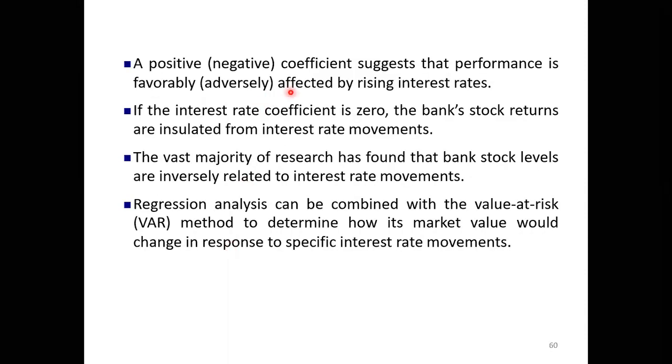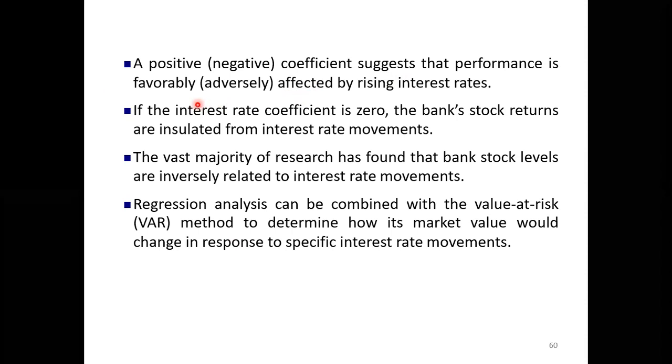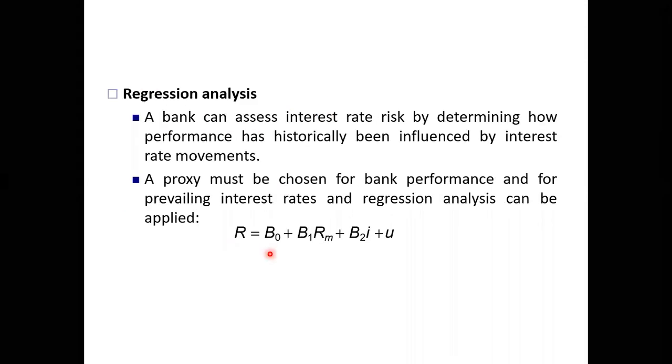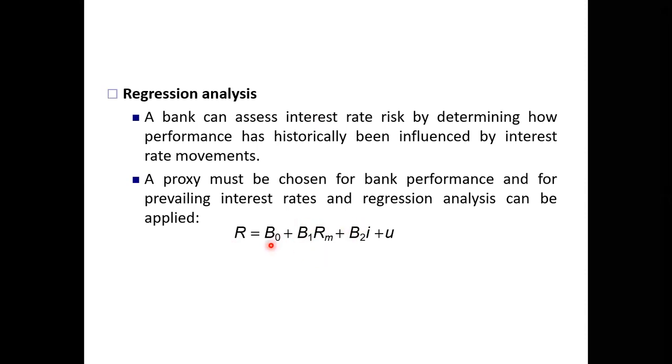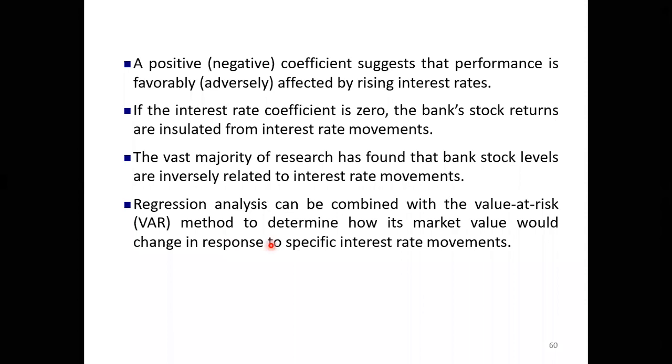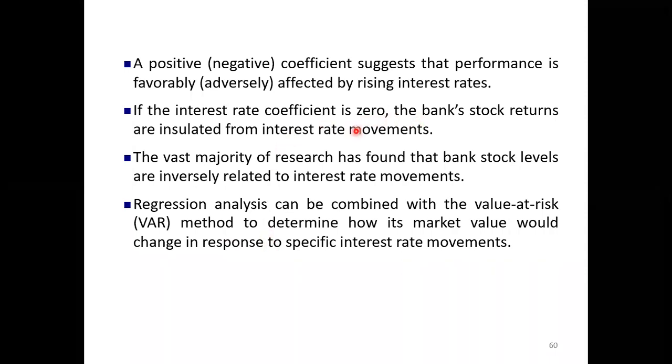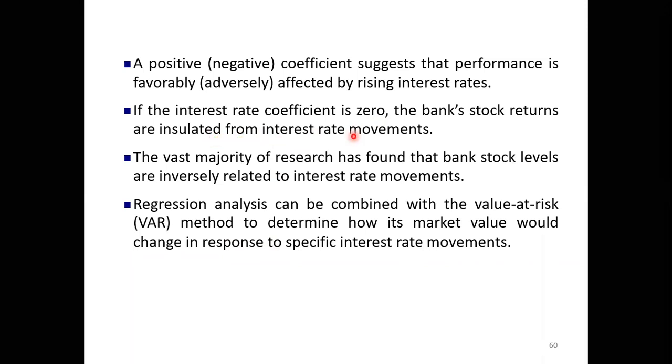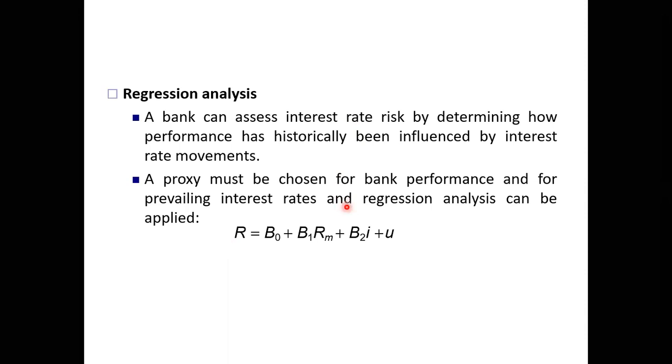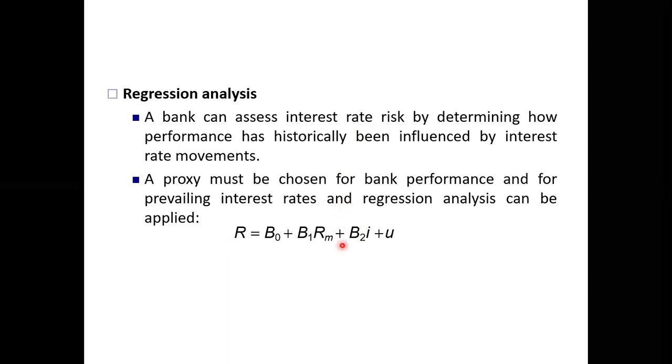A positive coefficient suggests performance is favorably affected by rising interest rate. So based on the beta coefficient, you can assess the interest rate risk. If the interest rate coefficient is 0, the bank's stock returns are insulated from interest rate movement. If the beta B2 is 0, then there is no impact of interest rate.